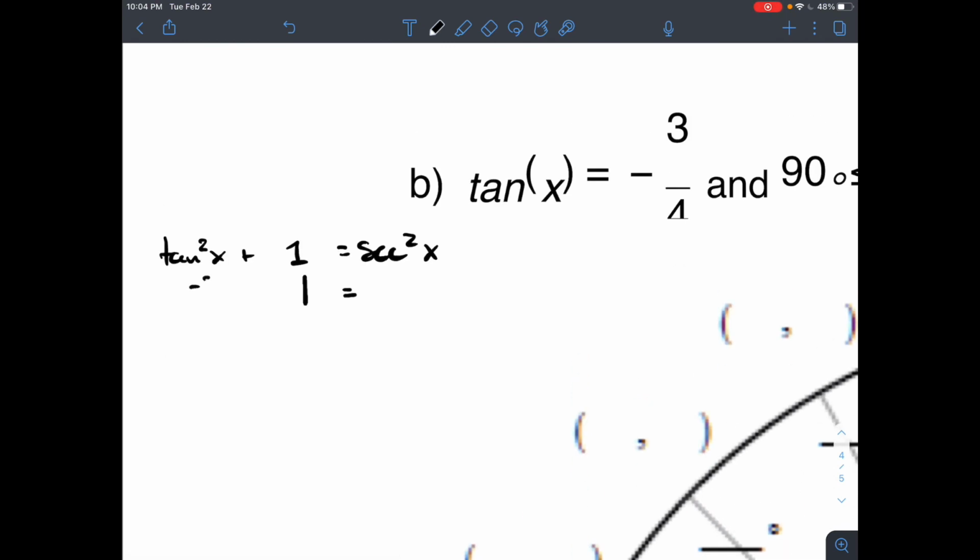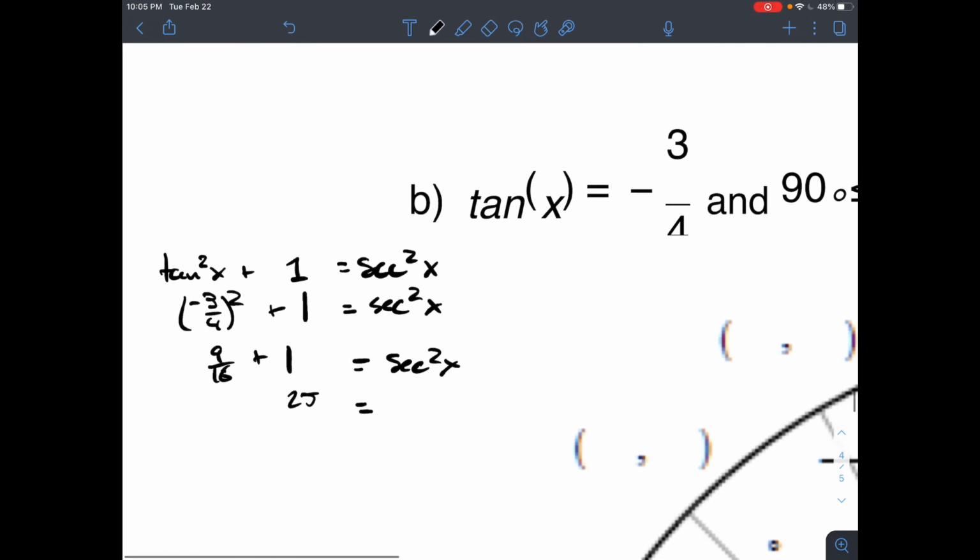So we have 1 plus negative 3 over 4 squared equals secant squared of x. So we're going to get 9 over 16. It's going to be positive because we're squaring it, plus 1, equals secant squared of x, which is going to get us, what, 25? I believe 25. Yeah, 25 over 16.